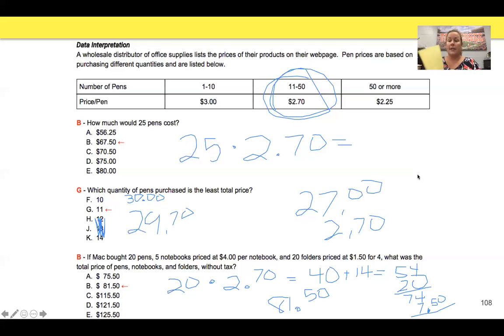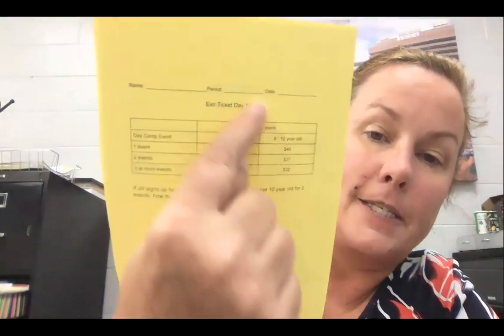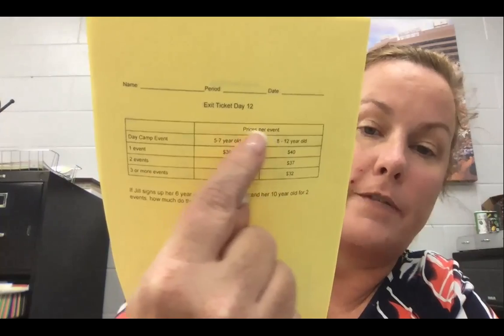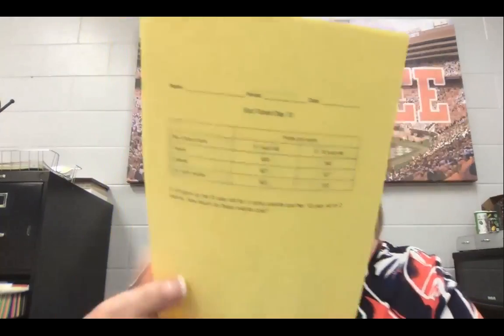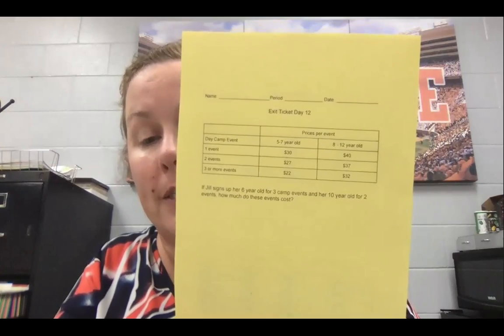When you look at this, got the exit ticket right here. Let me exit from sharing my screen. Okay, so when you go here, it says prices per event, per event, per event. Yes, I just said that 3 times. That was annoying, but it's so you would remember it, okay?